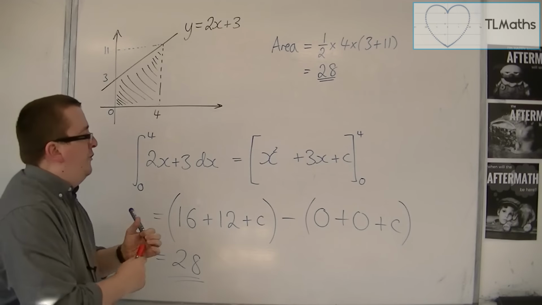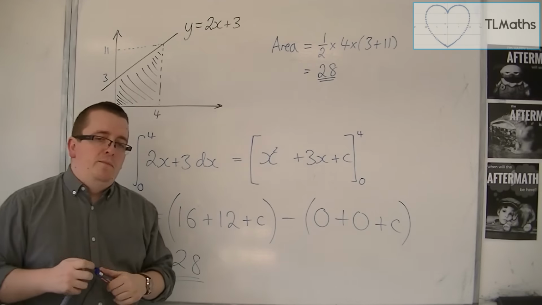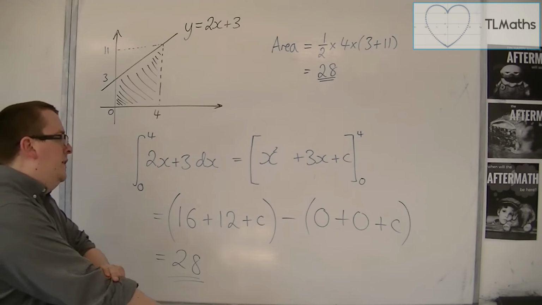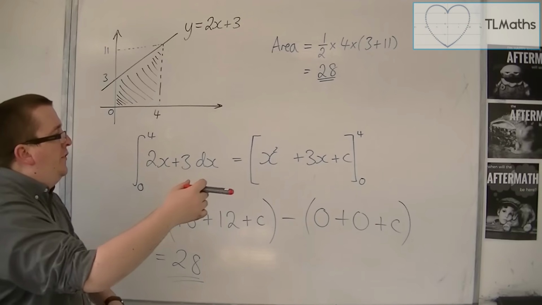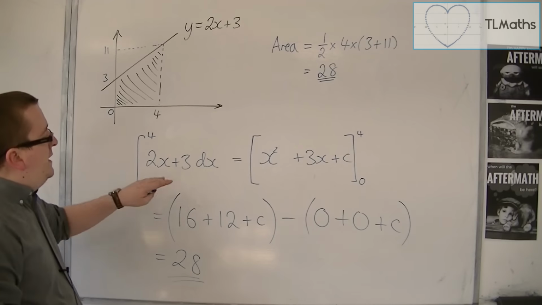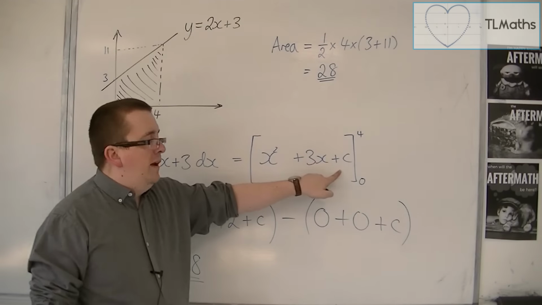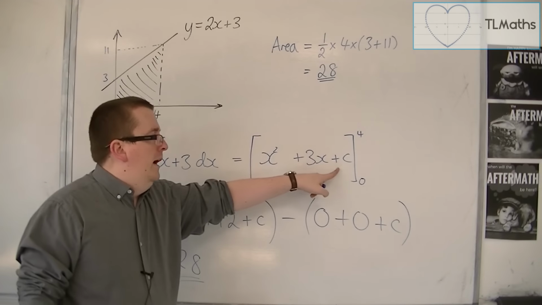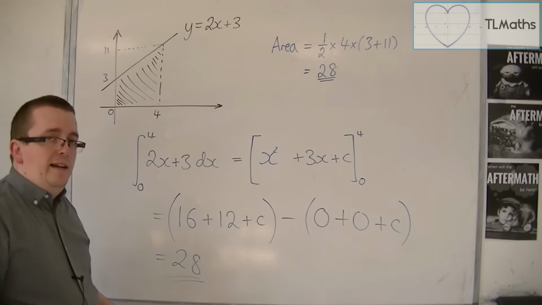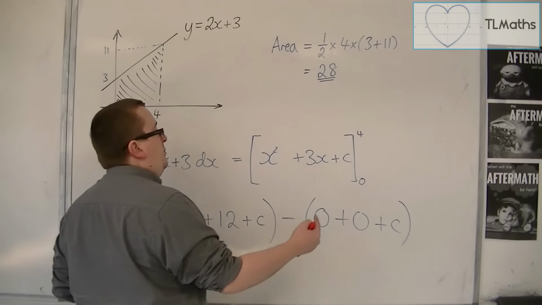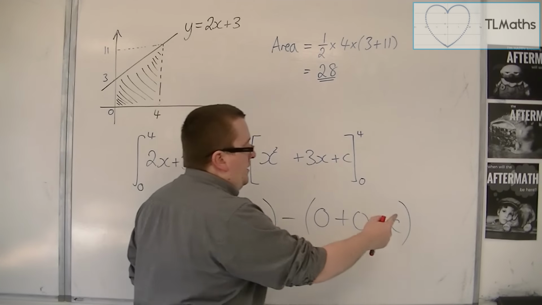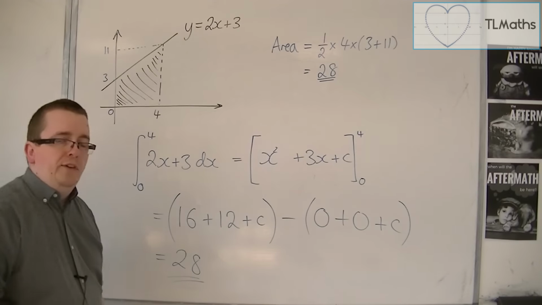Now, there's a few things to take away from this video before we look at this in more detail. The first thing is that this c, this constant of integration, the fact that when you integrate, we put a plus c there, meant that when we substituted the values in, we're going to get a c there every single time, and we're going to get a c there every single time.